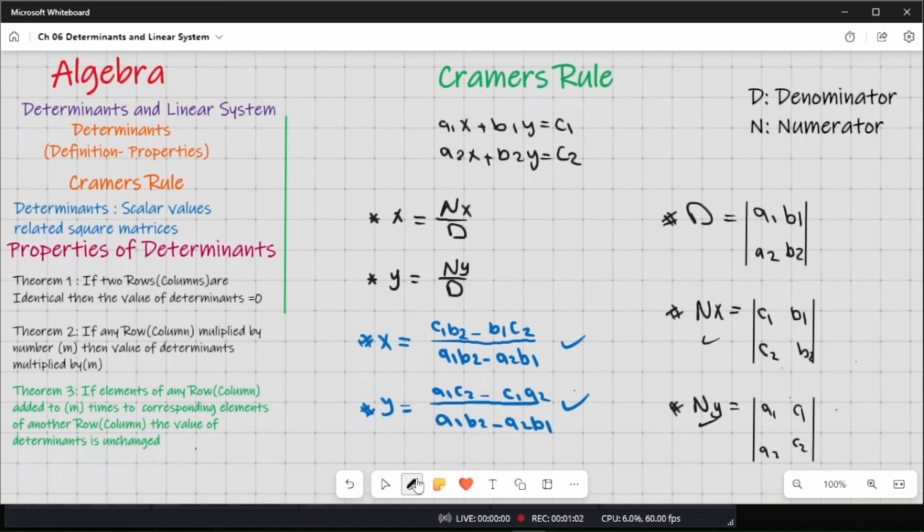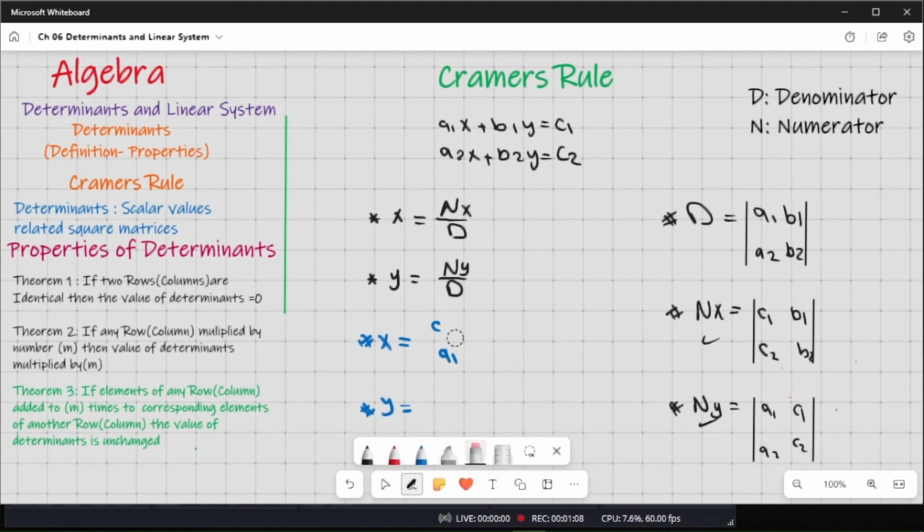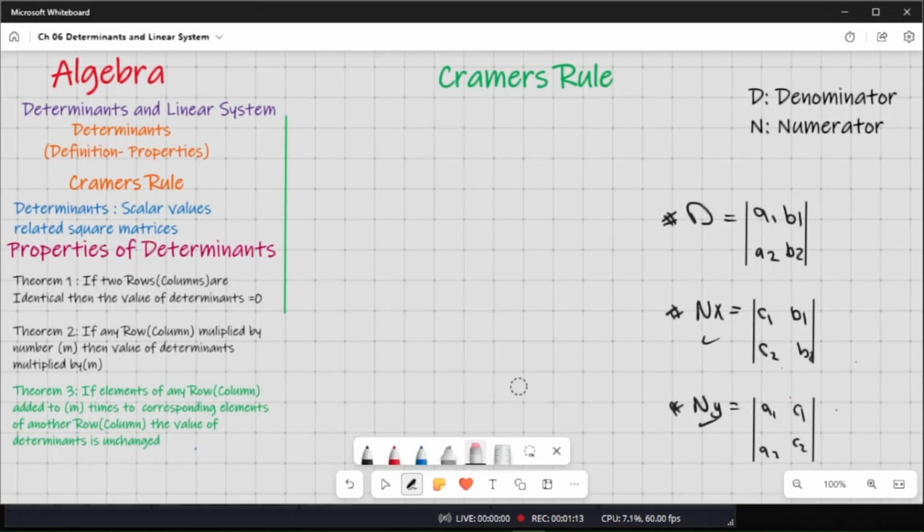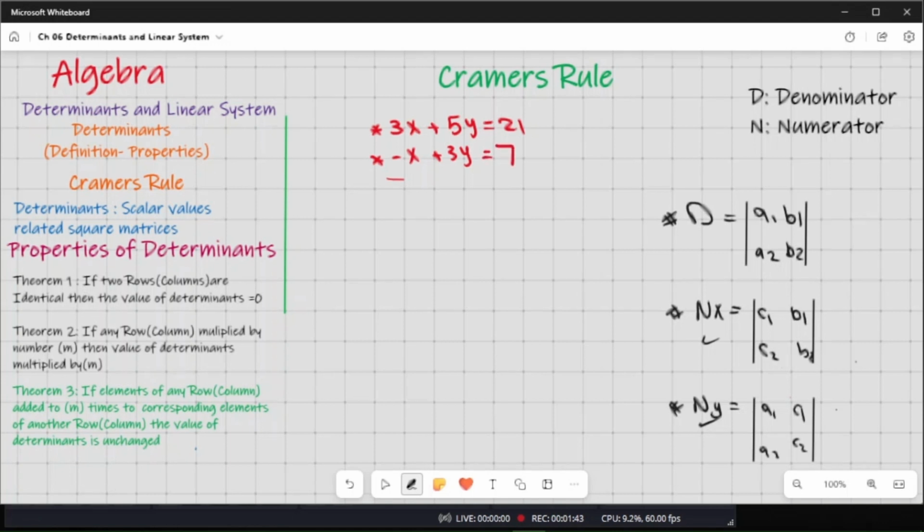Okay, let me take this example. If I have a system of linear equations 3x plus 5y equal to 21, and negative x plus 3y equal to 7.